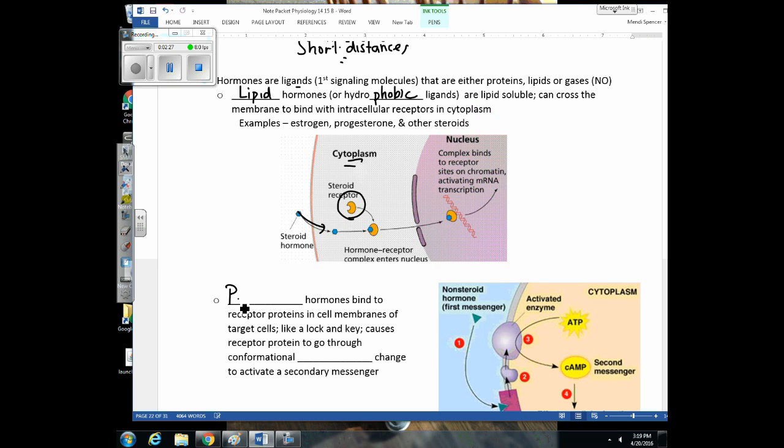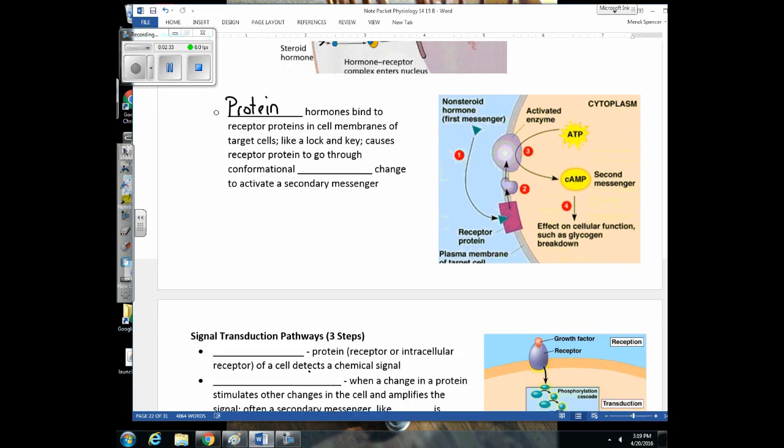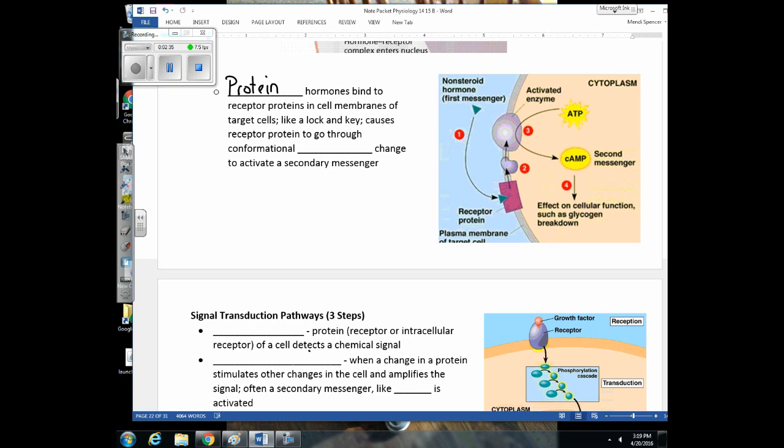Versus your protein hormones, proteins are large molecules, they cannot cross the membrane. There's usually charges associated with those protein molecules, and so they have to bind to a receptor protein, and they oftentimes activate a secondary messenger. And the secondary messenger is going to activate other molecules in a cell.